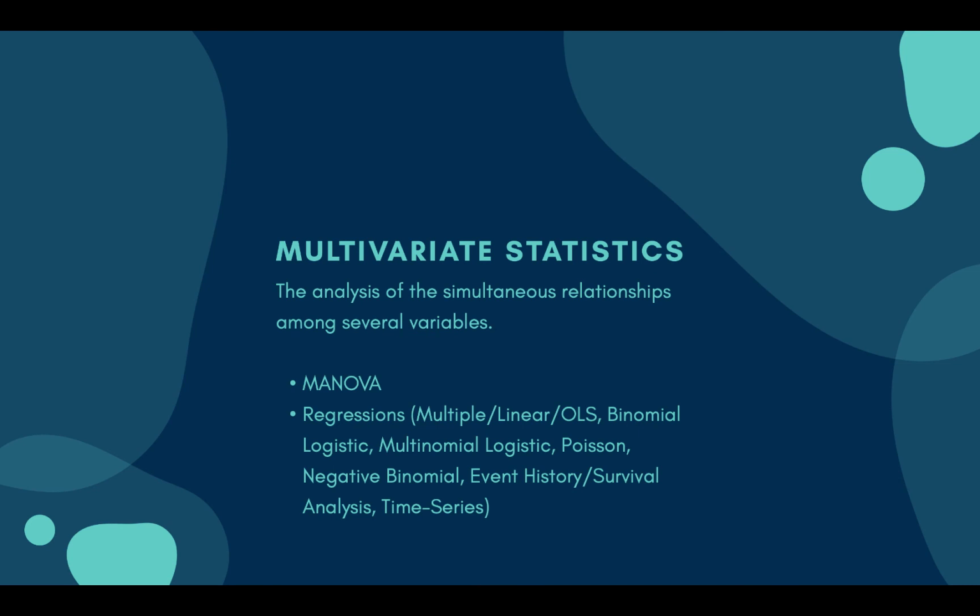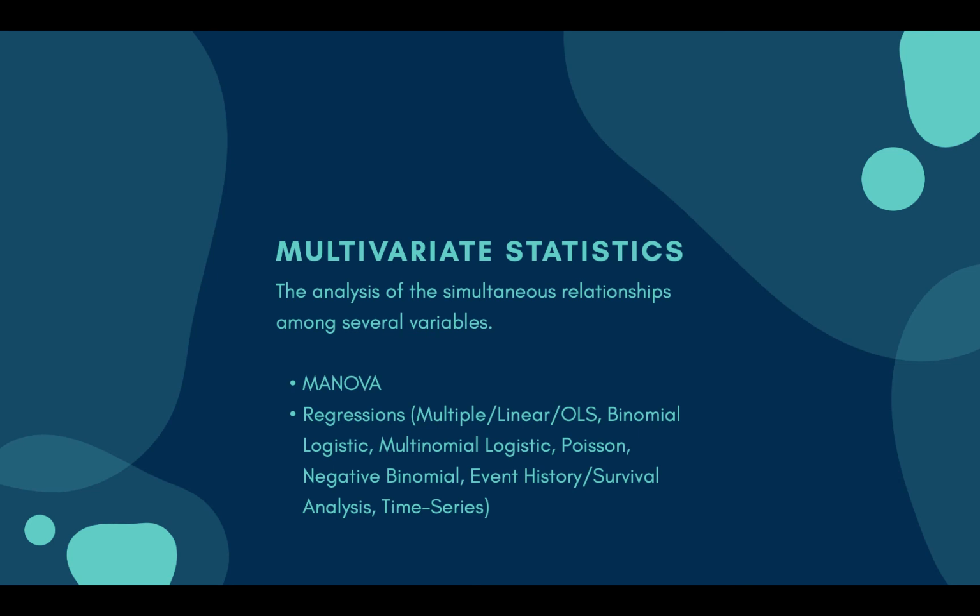We have binomial or binary logistic regression, where the outcome is a yes-no, 0 or 1. Multinomial logistic regression, Poisson regression, which is a count regression, and negative binomial regression, which is another count regression. We have event history or survival analysis and time series analysis.